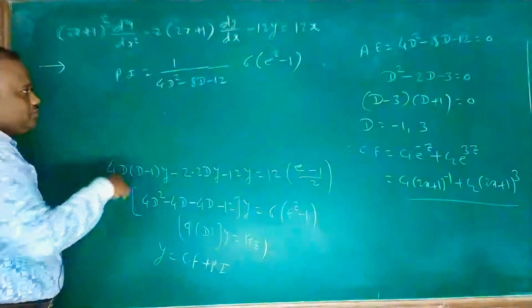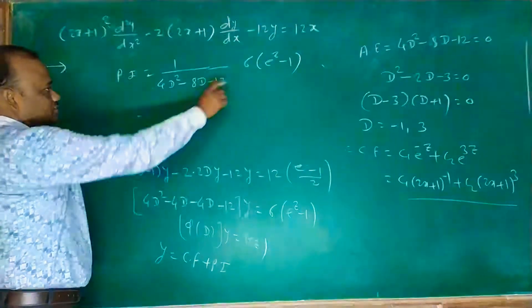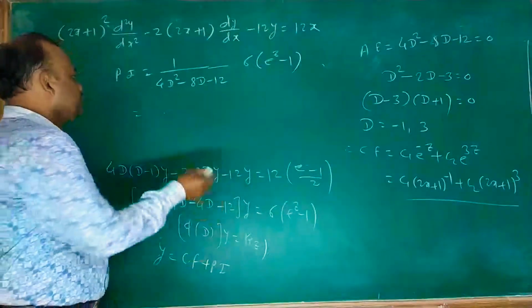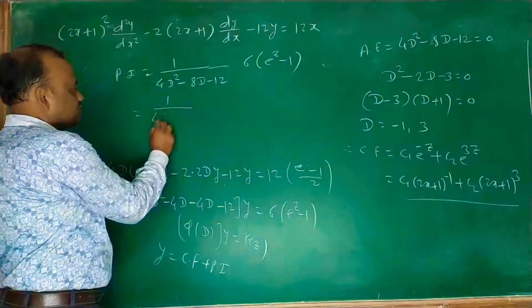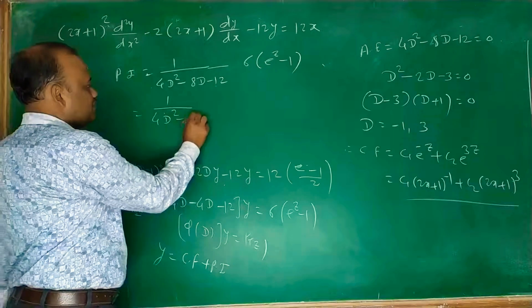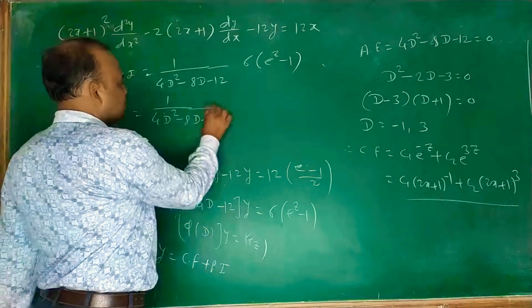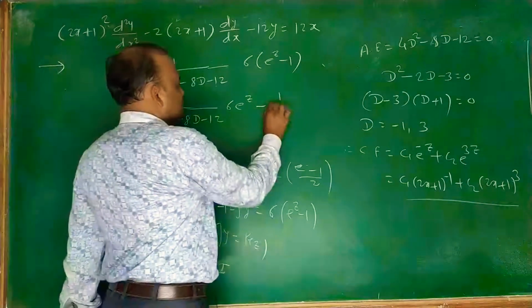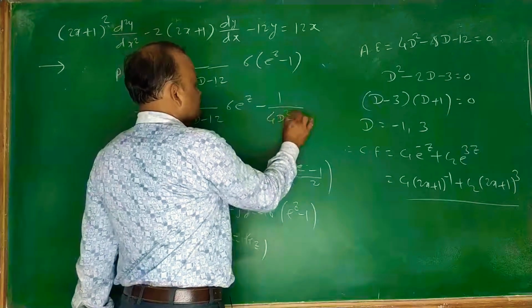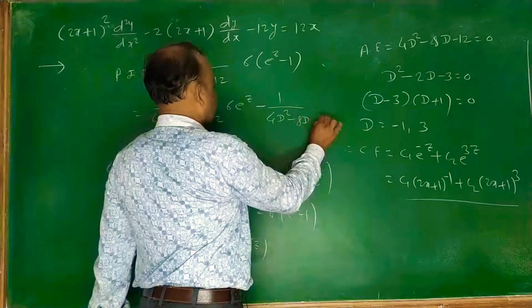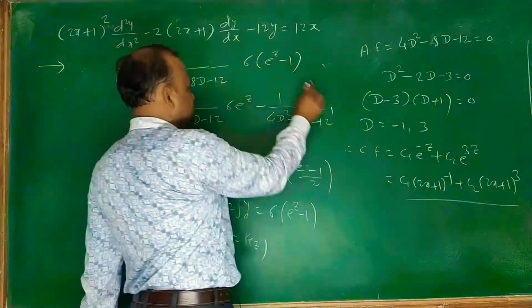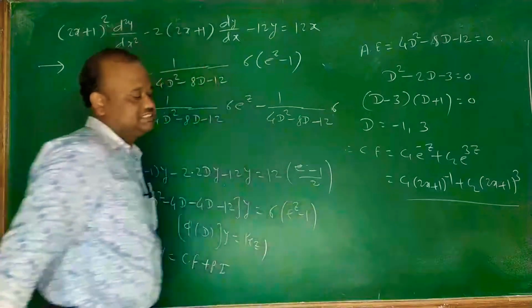So for PI we have to split this in two parts because two terms are there, e raised to z and 1. So it can be written as 1 upon (4D square minus 8D minus 12) into 6 e raised to z, minus 1 upon (4D square minus 8D minus 12) into 6 times 1.